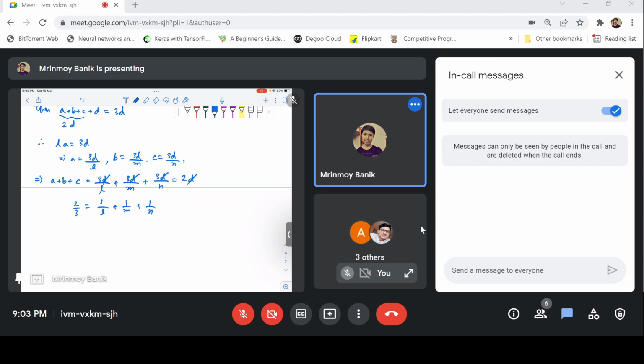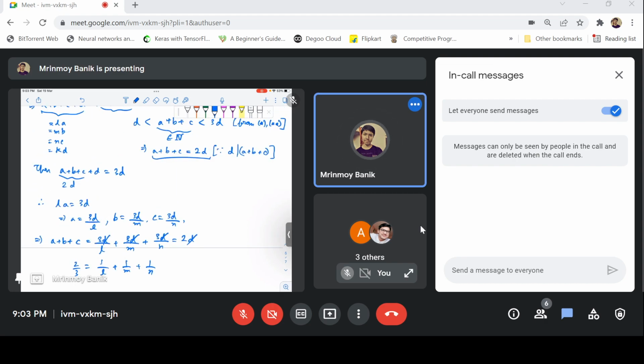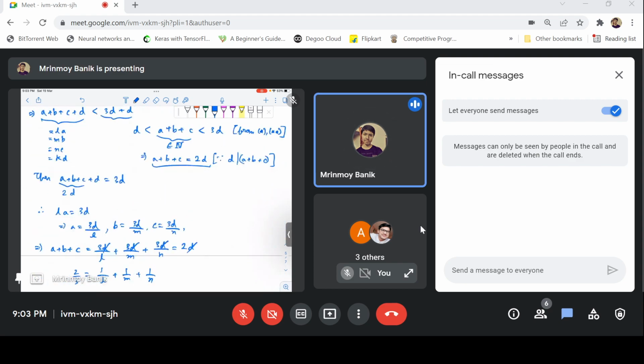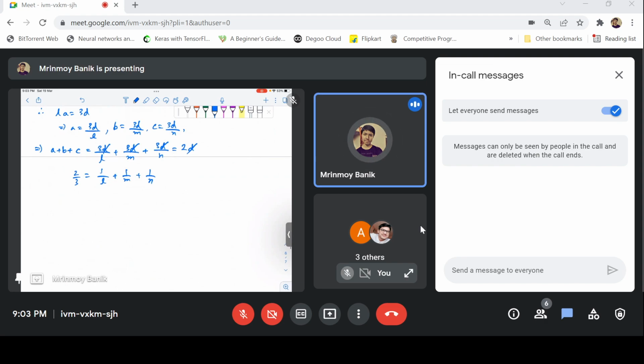First observe that assuming A, B, C, D are all distinct, it forces L, M and N to be distinct. Why is that true?